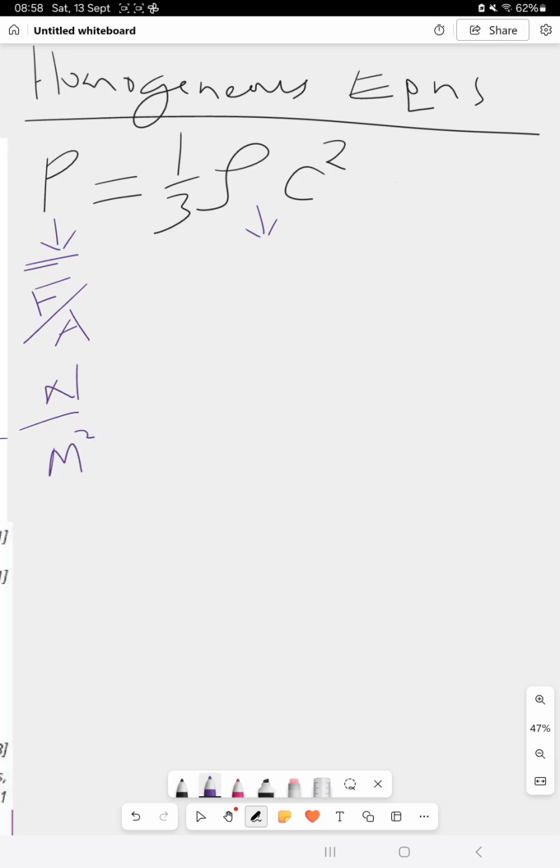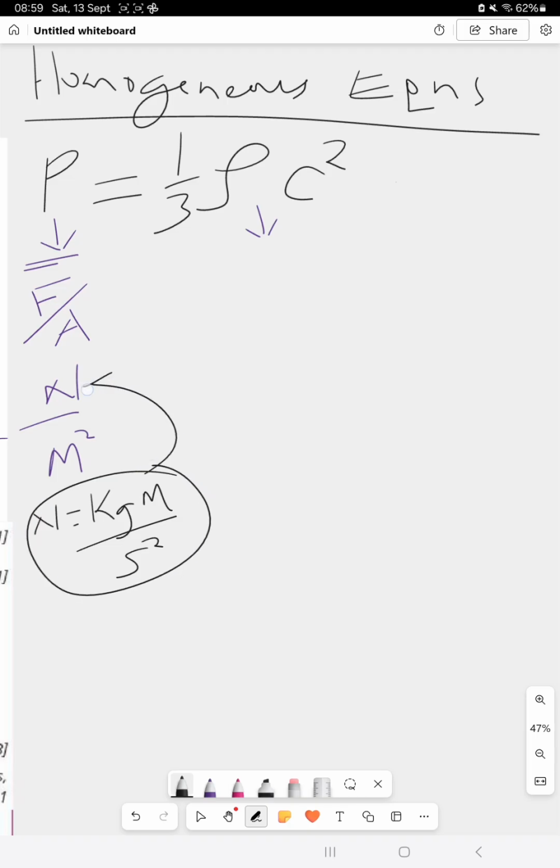Now, just to remind you that Newton is the same as kilogram meter over second squared. And this means, if I substitute this one up here, I will remain with kilogram meter per second squared.